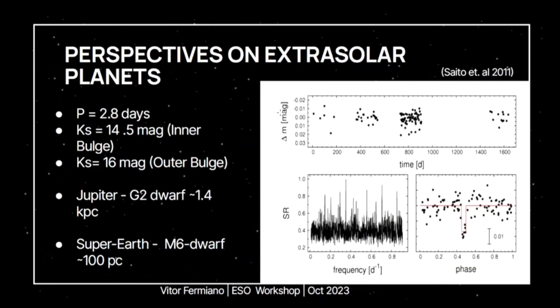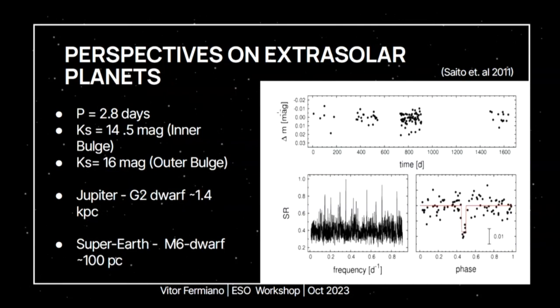First of all, the perspective on exoplanetary transits and exosolar planets in VVV was raised in 2011 by Saito, with a simulation of how a light curve in VVV should look for an exoplanet. He actually made two simulations.